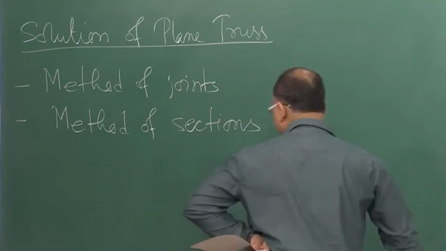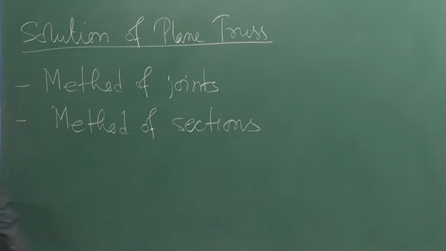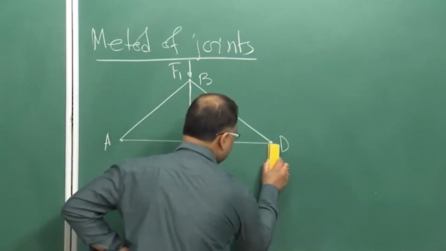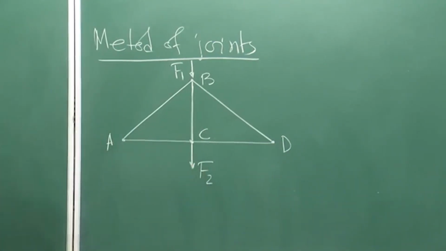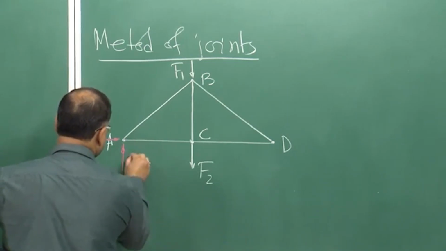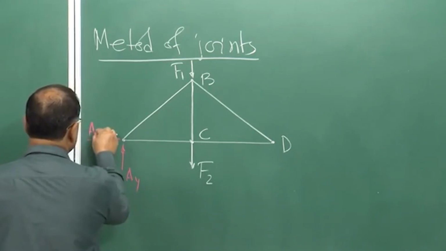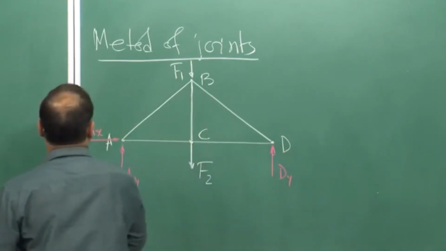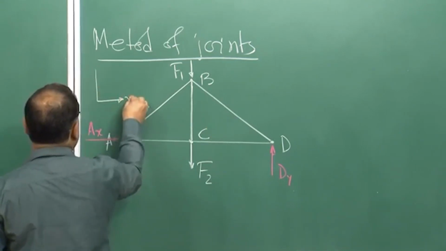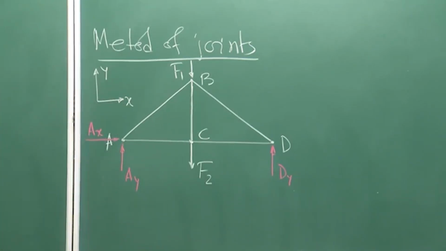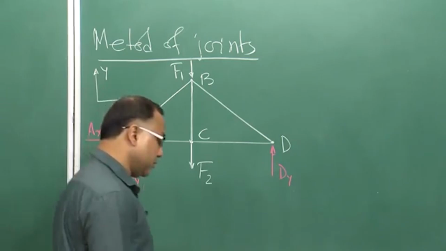To draw the free body diagram of the whole truss, you remove the supports, that means you replace the supports by the corresponding support reactions Ay, Ax and Dy, where x and y are like this. Okay. So, this is your free body diagram of the truss.